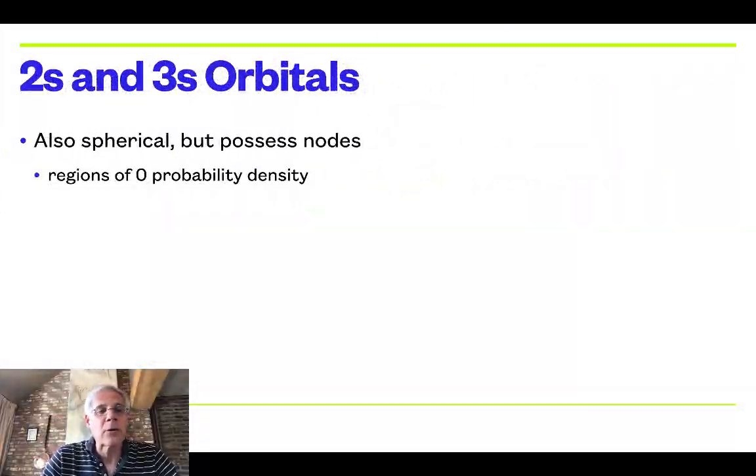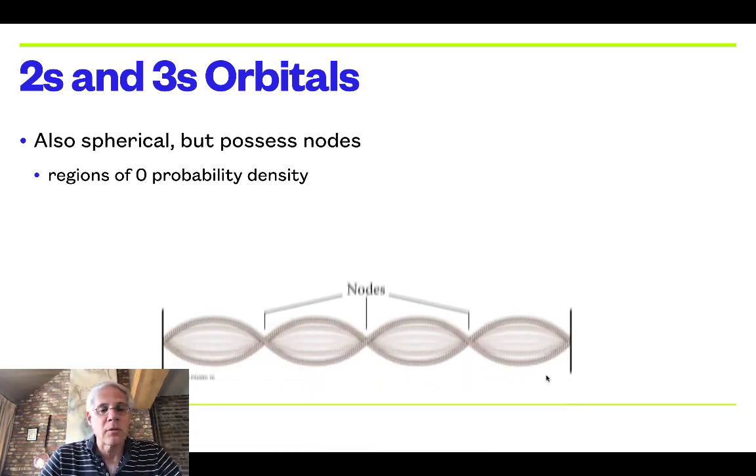Now, if we go out to our n equals 2 s orbital and our n equals 3 s orbitals, because they are still s orbitals, they will also still be spherical, but the math and the wave function shows us that they possess nodes, and these are regions of 0 probability density. So there's actually a distance where you have a 0 probability of finding the electrons.